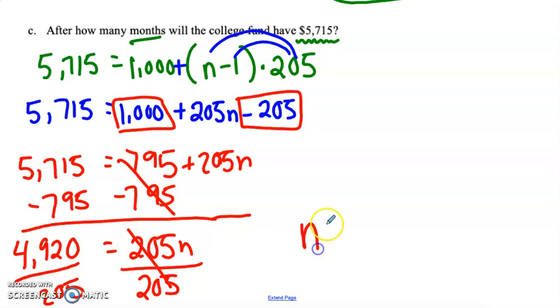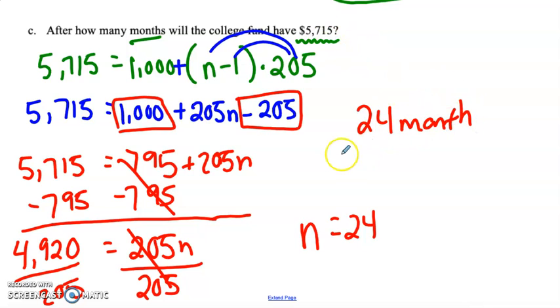Let me type that in. You should get 24. So what does that mean? That's going to mean after how many months? In 24 months, I will have that much money. And if 24 months means nothing to you, that's 2 years.